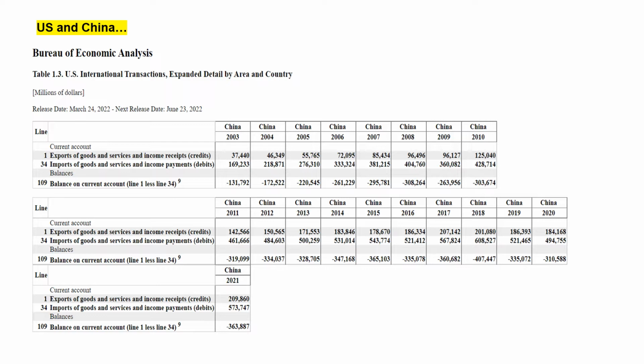What you'll notice is that those imports from China have been quite large over the years, and China is the largest trading partner on the import side. At least on that side of the equation, they are the largest, and probably close to half of the current account deficit is with China.